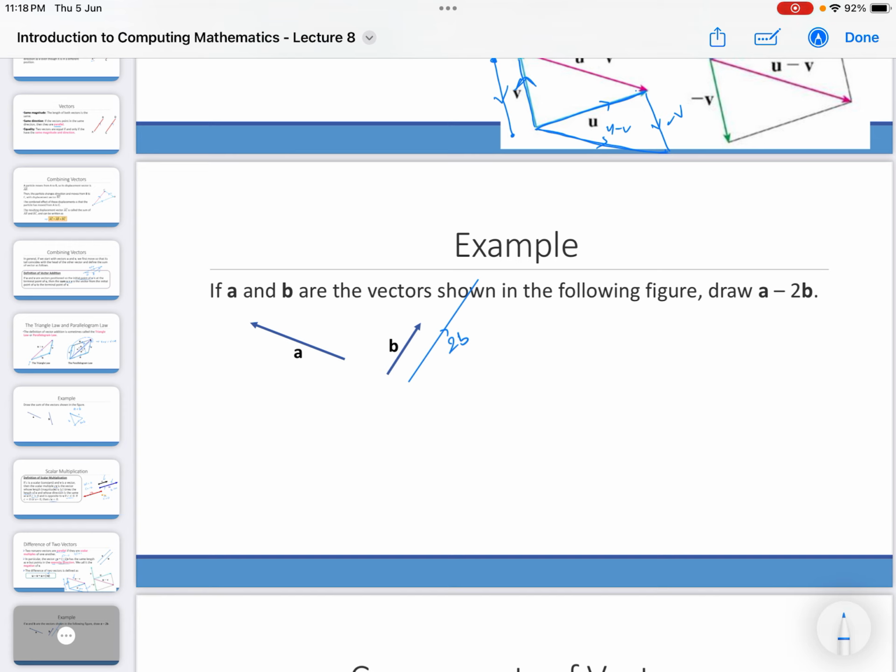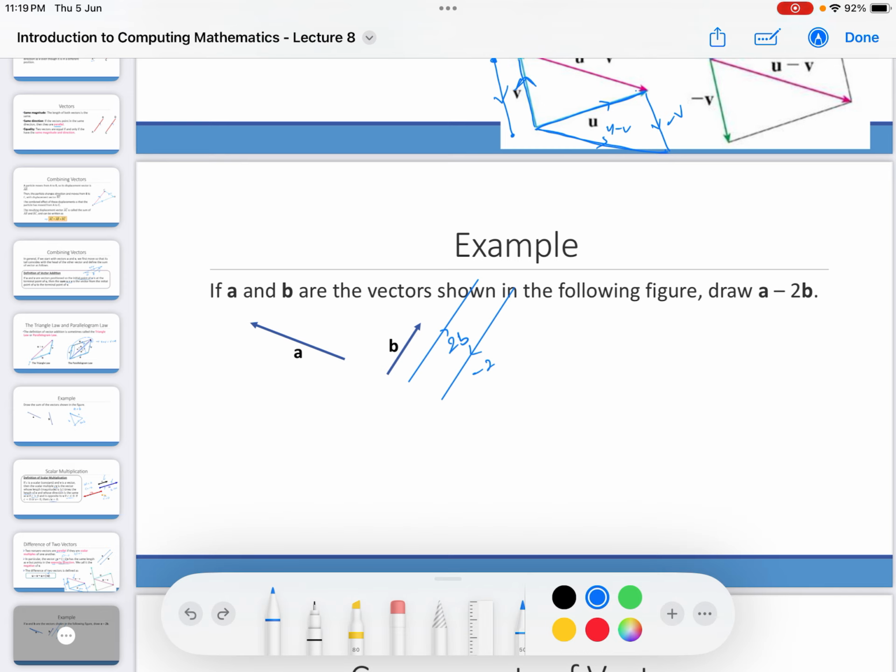So now we want to make it negative 2b. Now the direction will be opposite, like this. So this one is negative 2b. So we have this one, the a. This one is the a.